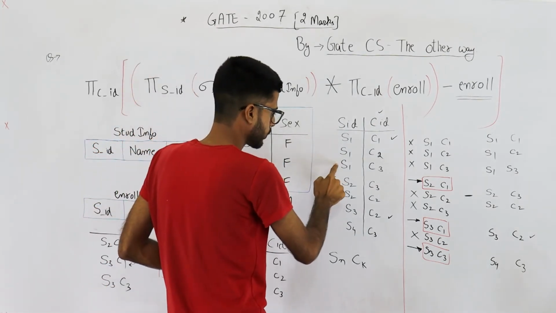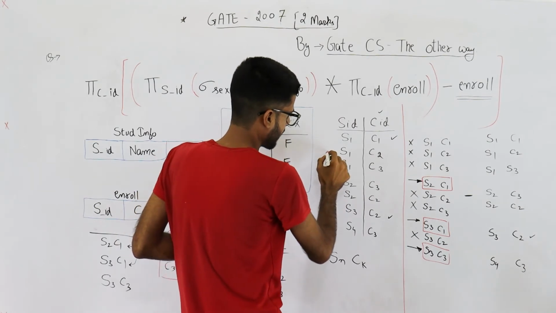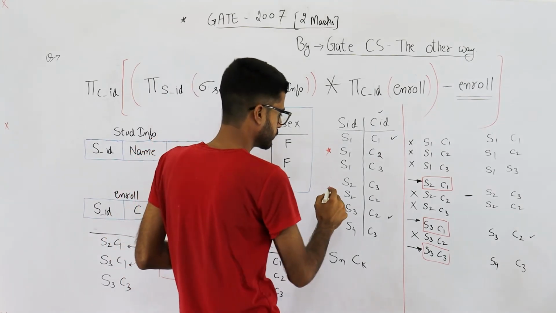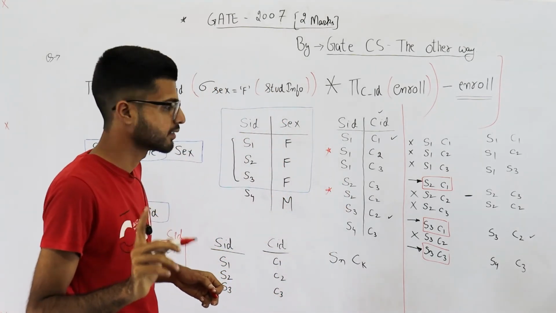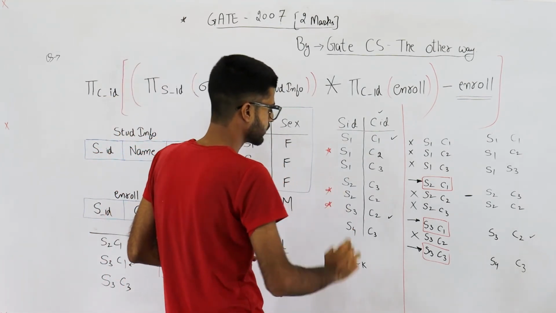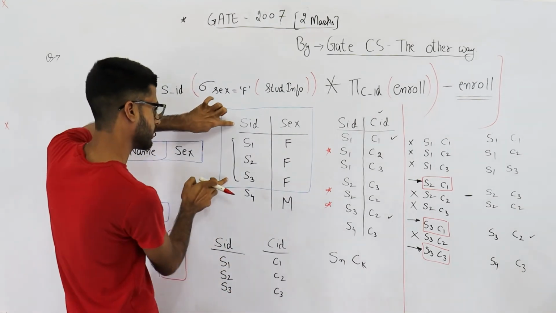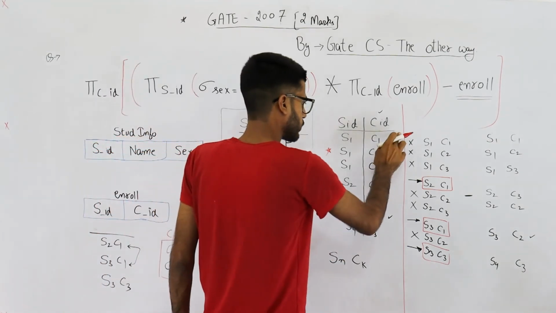In C2, you notice that S1 has enrolled. So first female student has enrolled for C2. S2 has enrolled. That means second female student has also enrolled, as well as S3 has enrolled. That means each and every female student, all the three female students, has enrolled for this course.